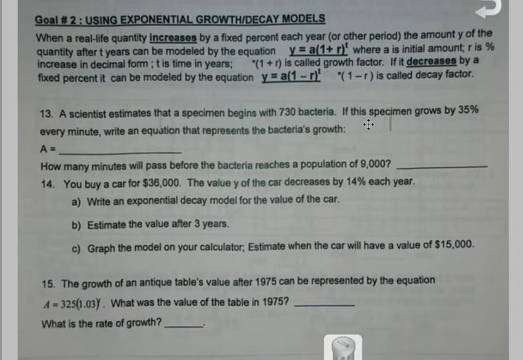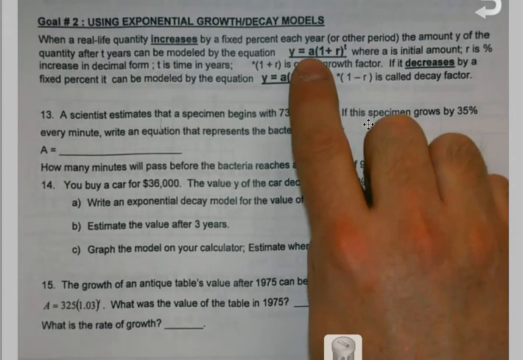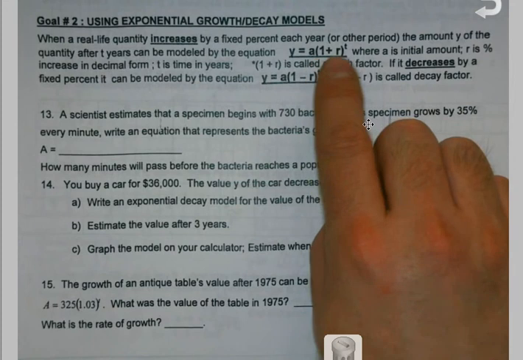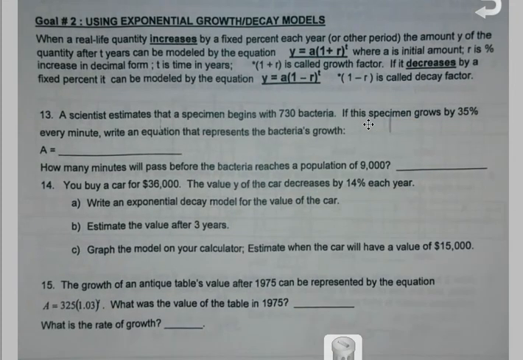Okay, so here, with growth and decay, when a real-life quantity increases by a fixed percent each year or some period, it may be a day, an hour, it depends, the amount y of the quantity after t years can be modeled by this equation. Okay, a times (1 plus r) to the t, where a is what you start with.